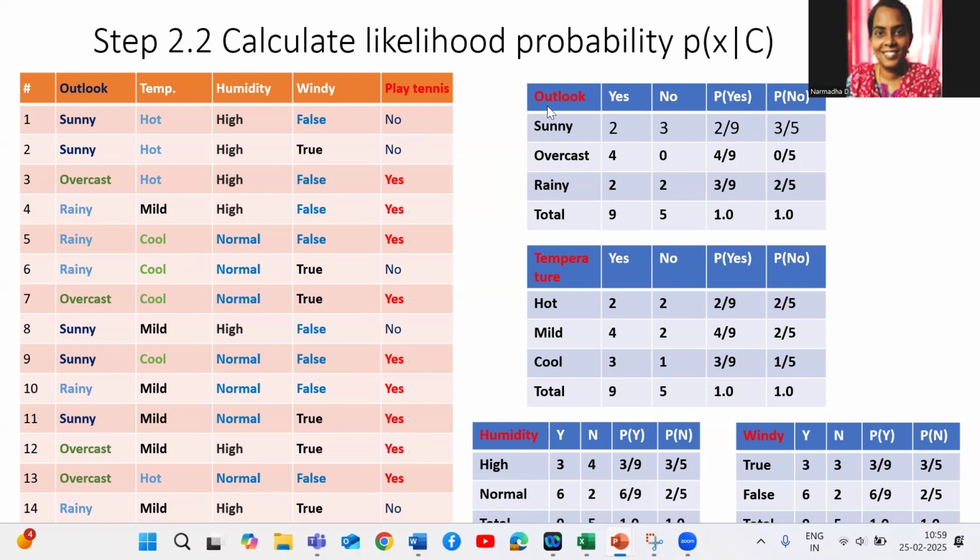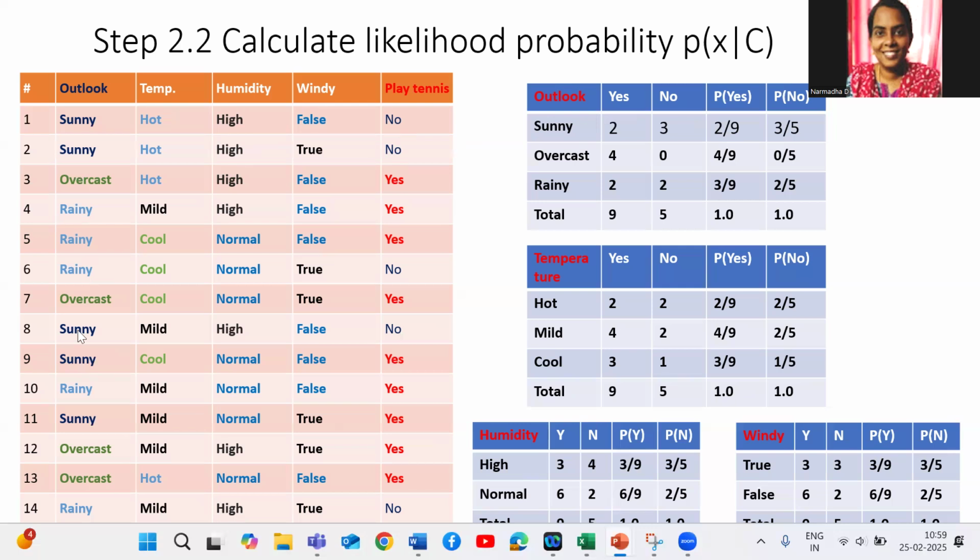When we consider the outlook, how many different values are there? There are sunny, overcast, and rainy, three different values. Then how many yes and no? On the days when it was sunny, if you observe, the outcome is no.